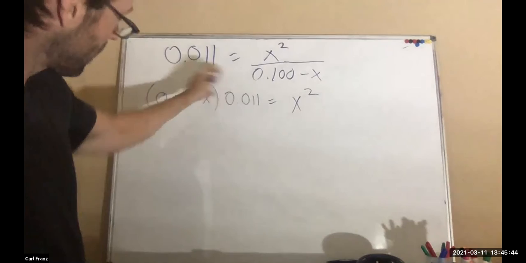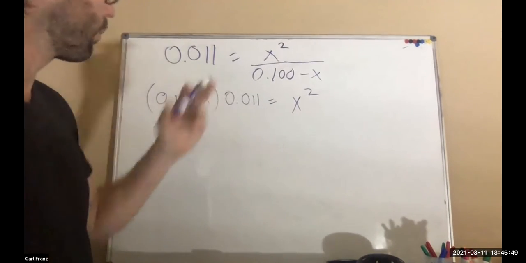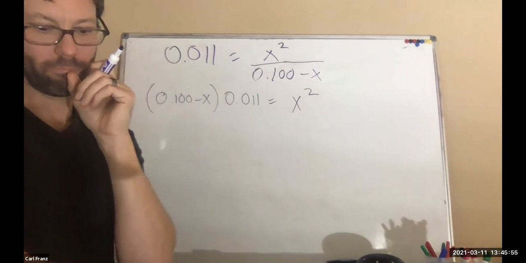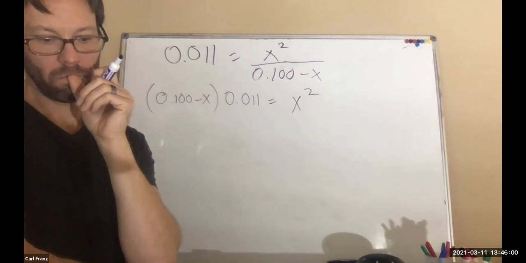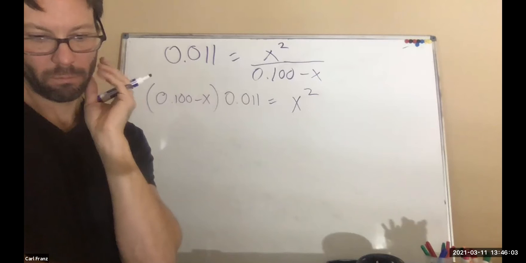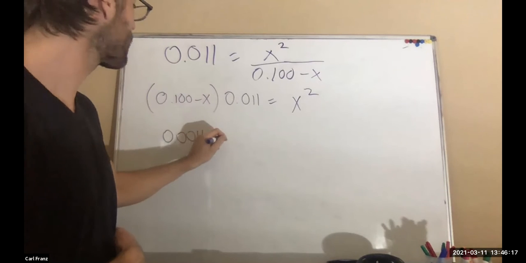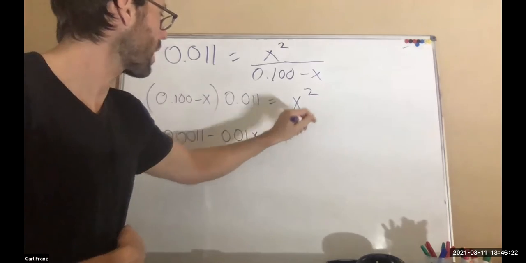So we distribute here, and what's 0.1 times 0.011? 0.0011, right? 0.0011, and then minus 0.01x equals x squared.